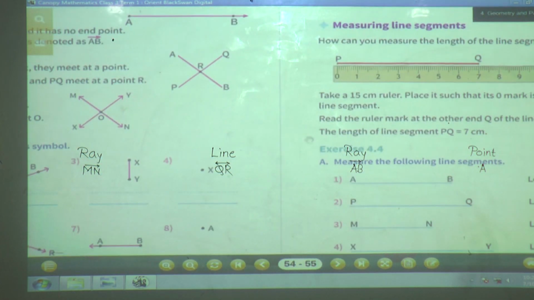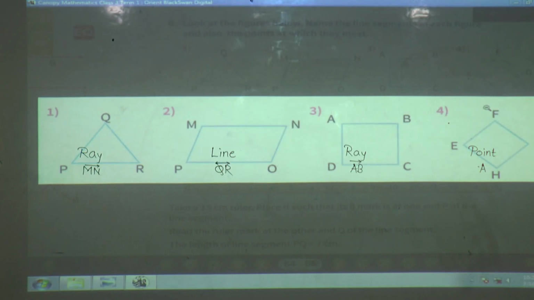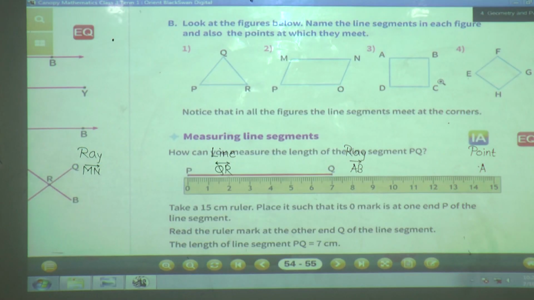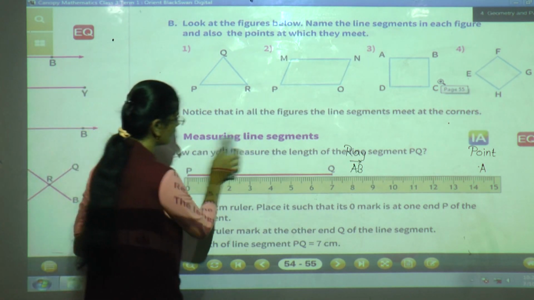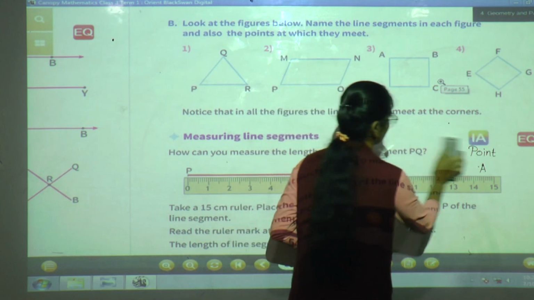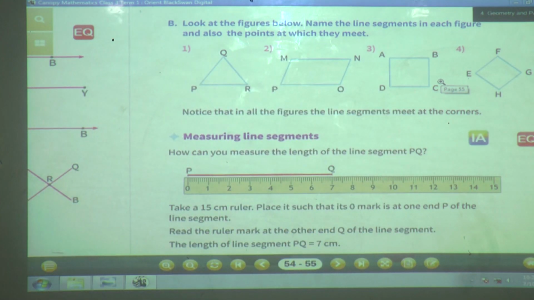Now we will move to the second question. There is one more question that we will see now. What is the question? Read the question in your mind. The textbook is there in front of you. The question is, look at the figures below.